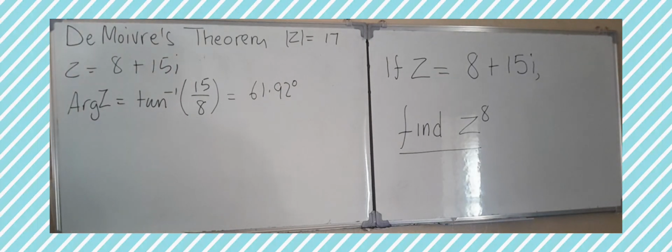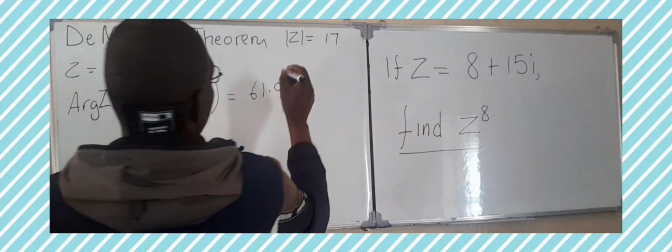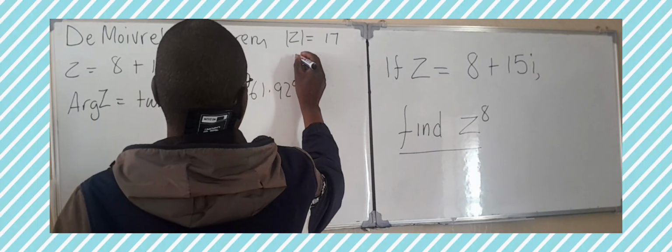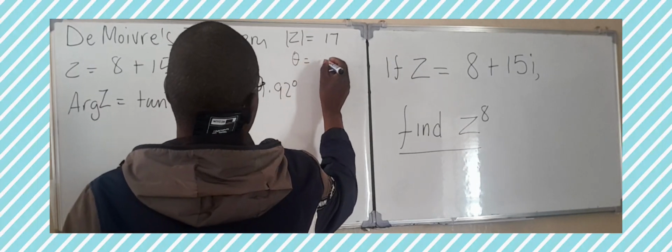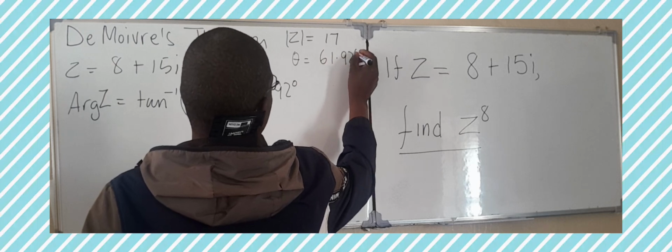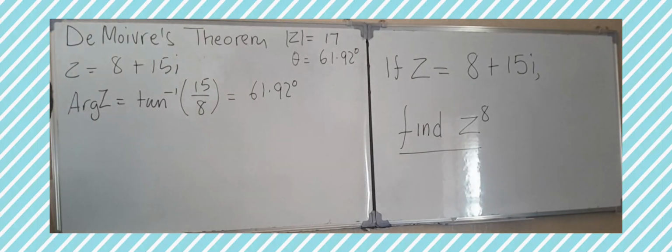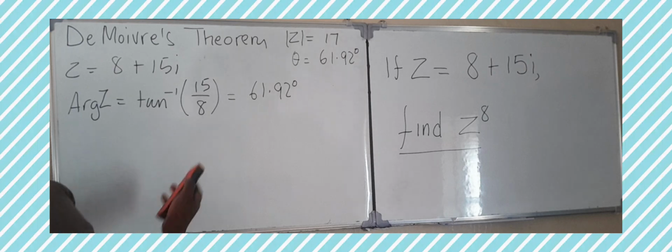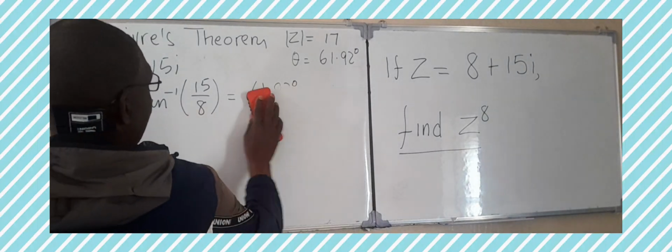That is arg Z. So again, let's just write it here somewhere. So theta, which is arg Z, is equal to 61.92 degrees. Okay, so now you can just clear the board here.